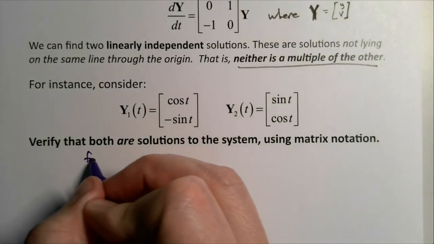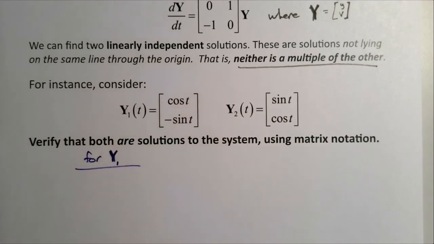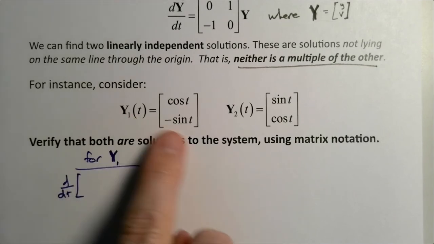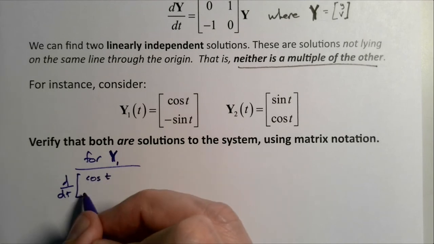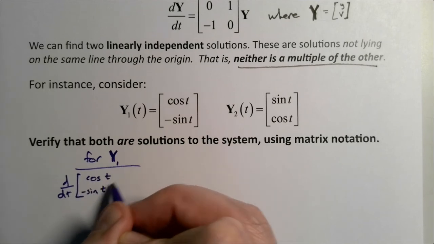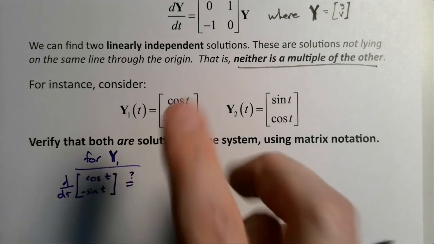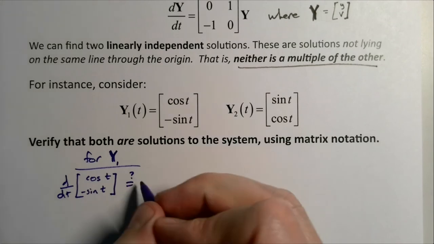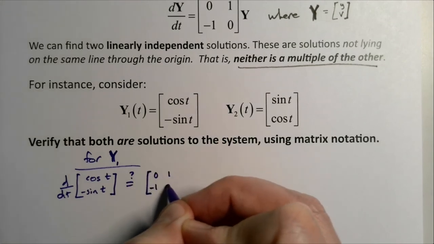And so for y1, we can say that the derivative with respect to t of y1, so this matrix right here, cosine t on top, negative sine t on the bottom, must be equal to whatever the coefficient matrix is times this. So the coefficient matrix was just 0, 1, negative 1, 0.